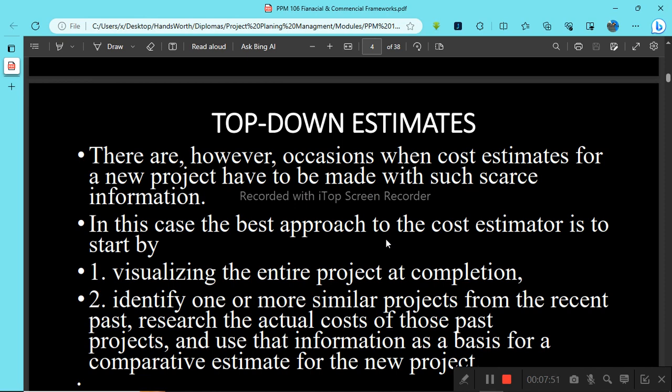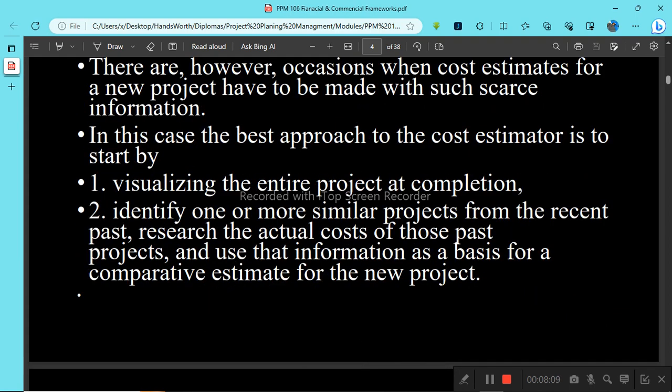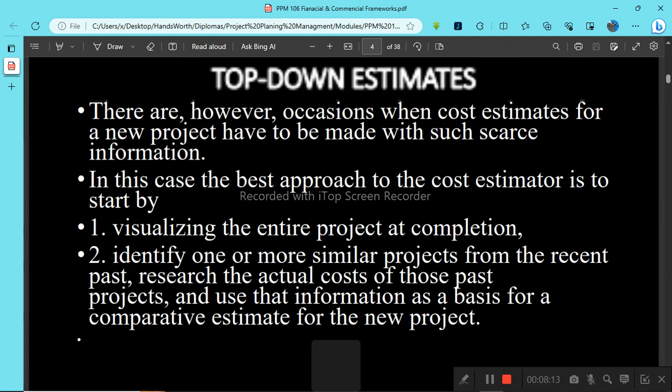In this case, the best approach for the cost estimator is to start by, one, visualizing the entire project at completion. Identify one or more similar projects from the recent past, research the actual cost of those past projects, and then use the information as a basis for a comparative estimate for the new project.